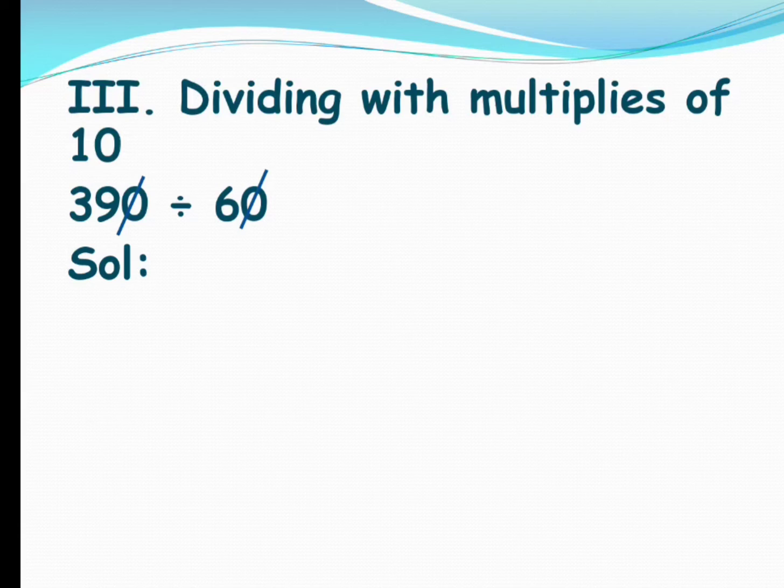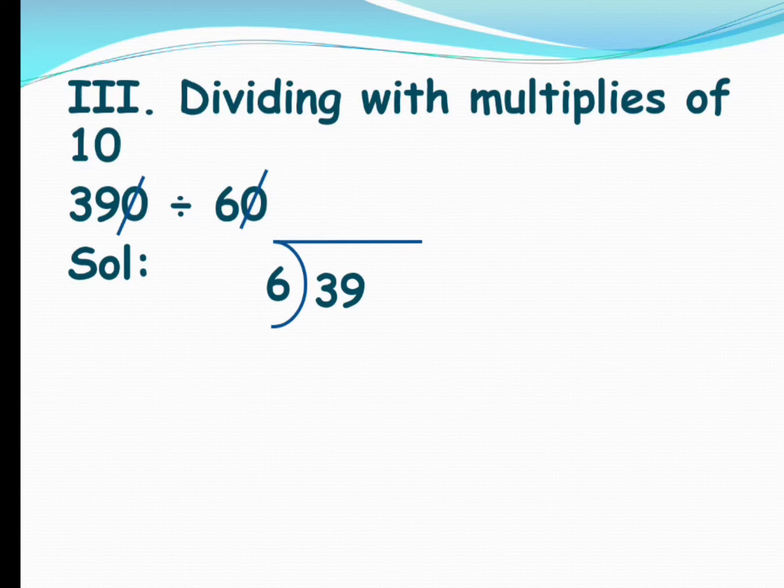Children, in that way you need to divide. So 6 and 39, because 0 and 0 we have cancelled already. In both dividend and divisor we have zeros in ones place, so we can easily cancel the zeros like that.